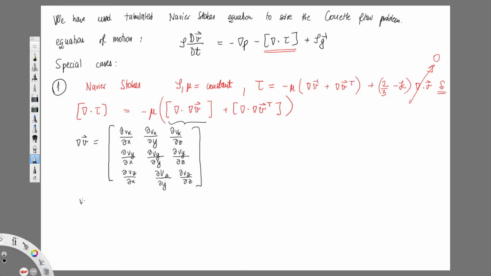So what is going to be the x component of this? Okay, it's a vector, so it has x, y, and z components. What's going to be the x component? Divergence of the first column.